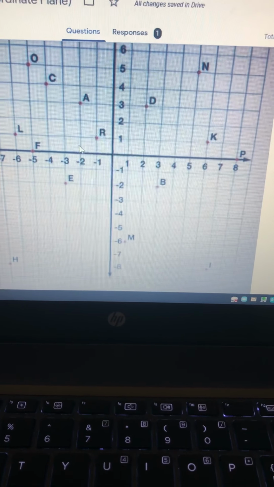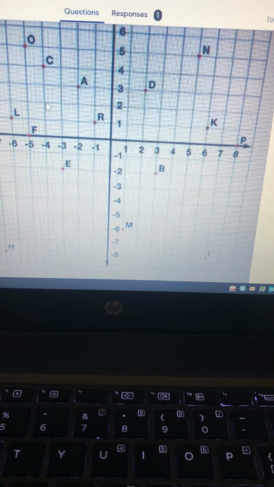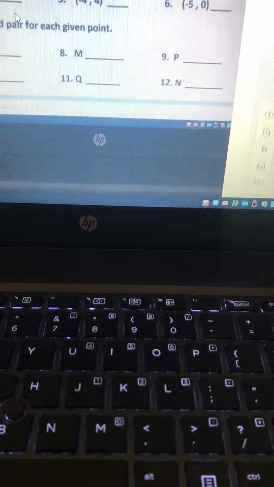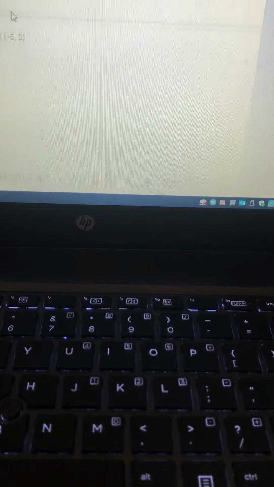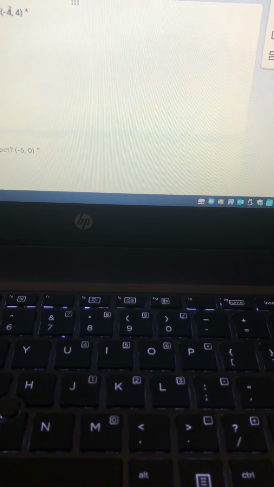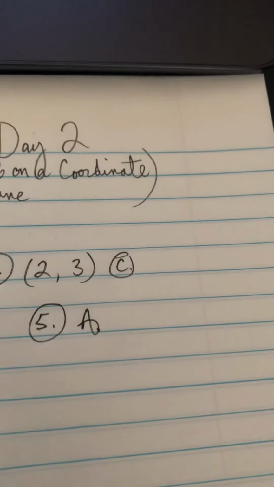So 1, 2, 3, 4, and then 1, 2, 3, 4. All right, so that should be point C. -4, 4 is point C. And point C is A. All right, got a different letter this time. Point C is A.